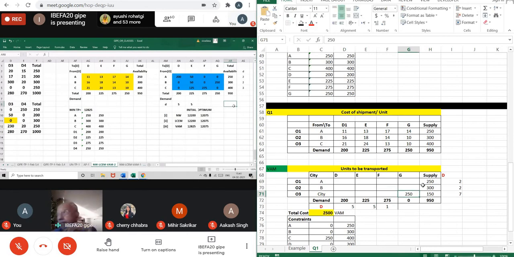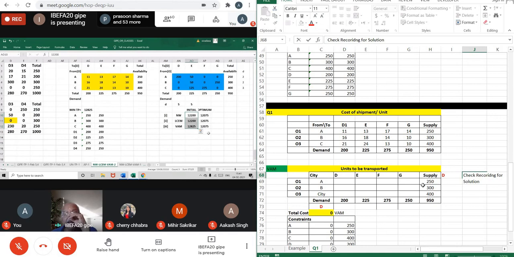In both the examples today, we have proved optimum remains the same. Initial value can be any.